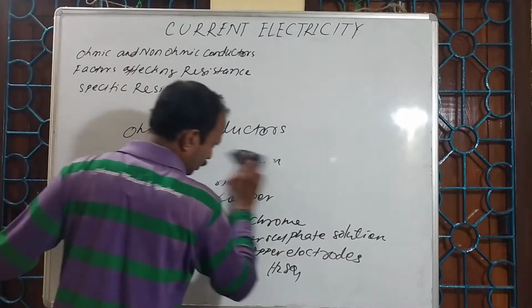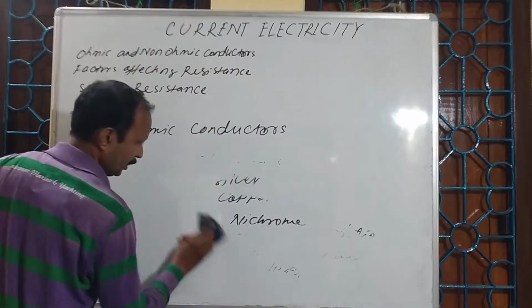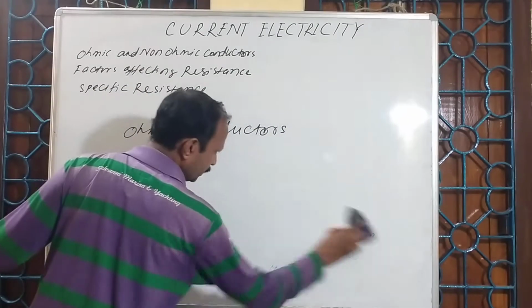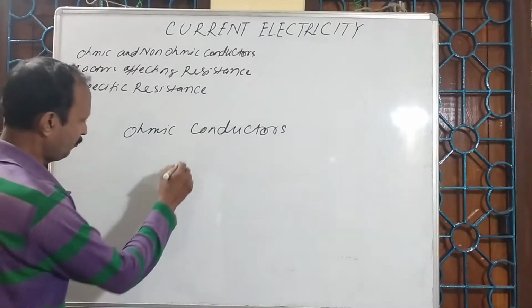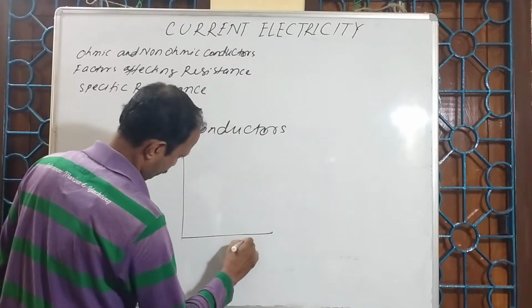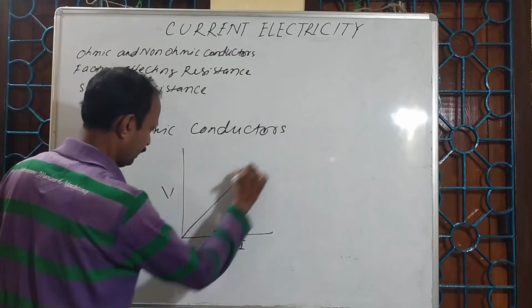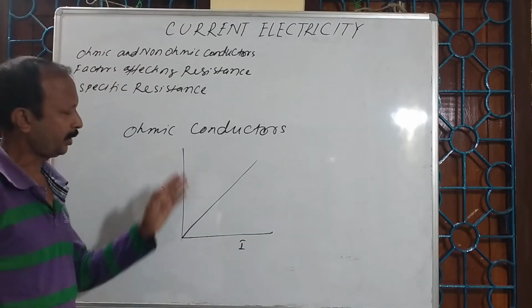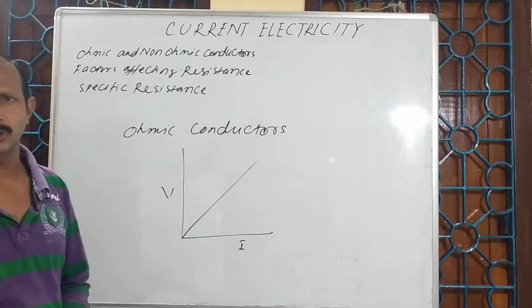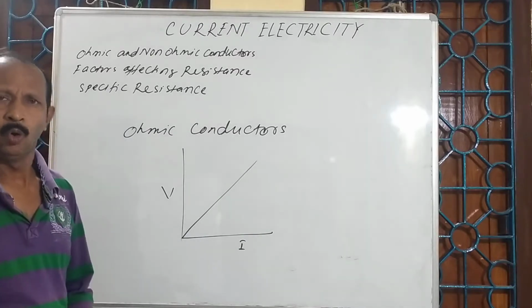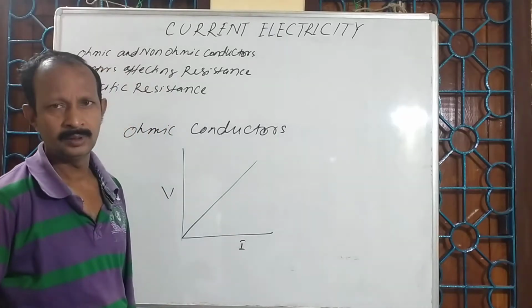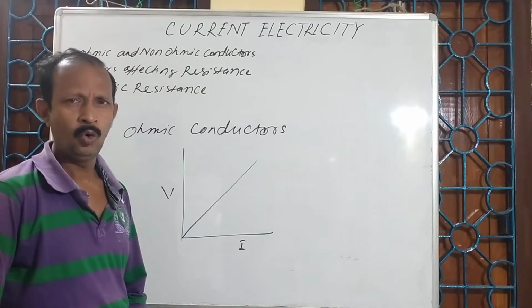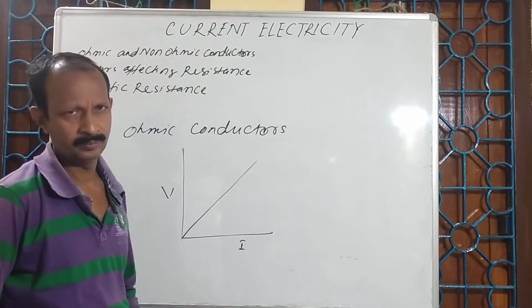By taking the values of V and I, if I draw a graph, it will be a straight line. So the conductors which obey Ohm's law are called ohmic conductors, or ohmic resistors also.